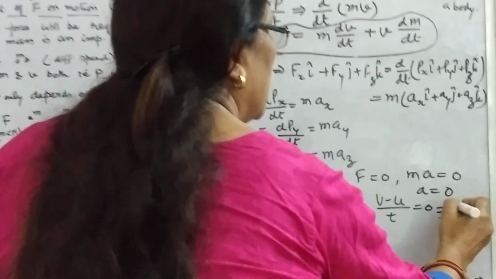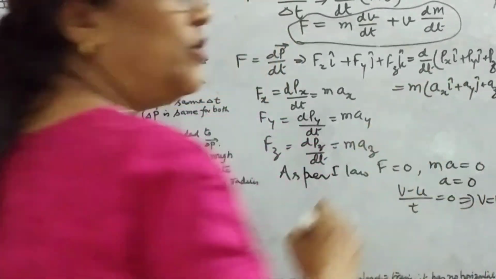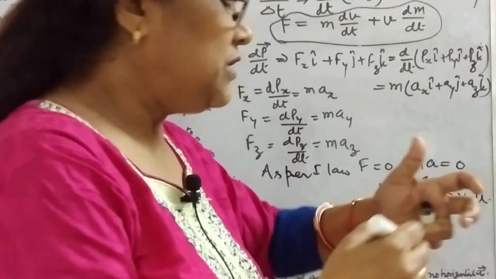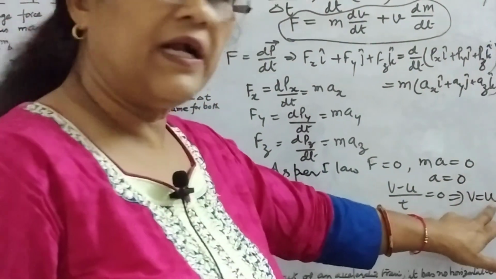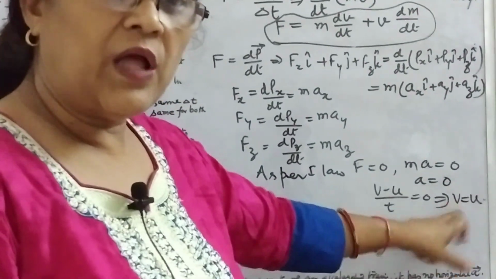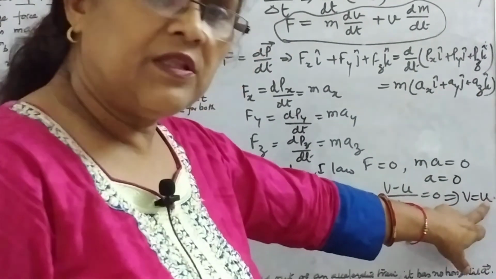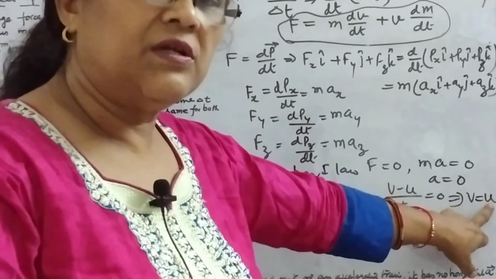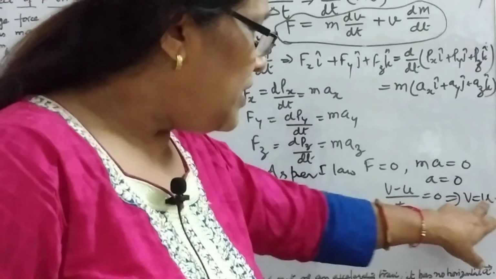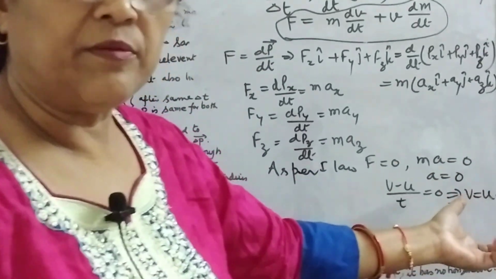What does it mean? That v equals u. Whatever the initial position, if initially the body is at rest, u is 0, then v will also be 0. And if the body is moving with velocity u, then after a certain time you will find final velocity v equal to u, that is, the final velocity will remain the same.